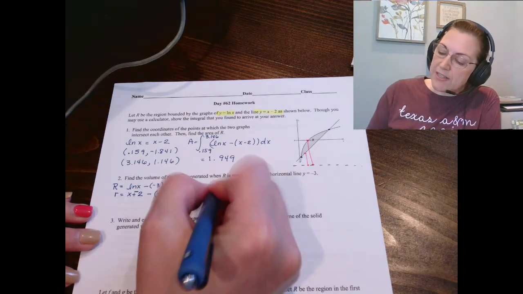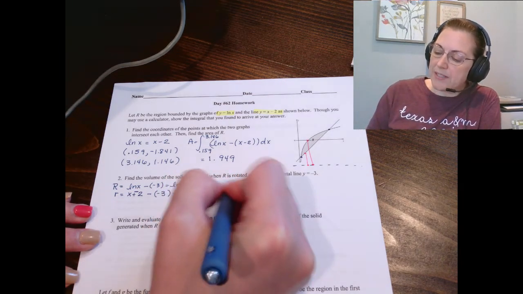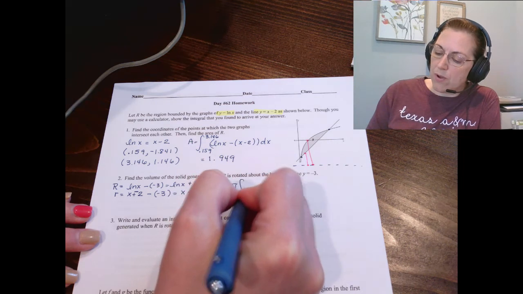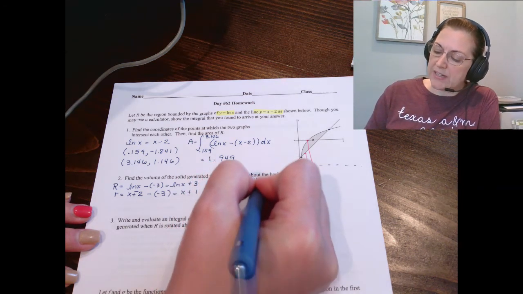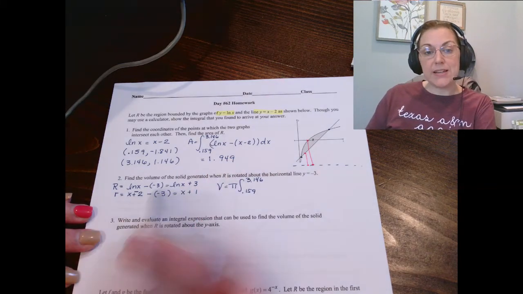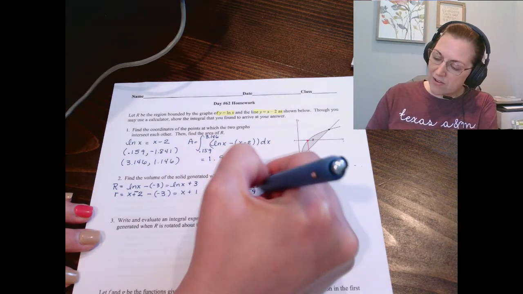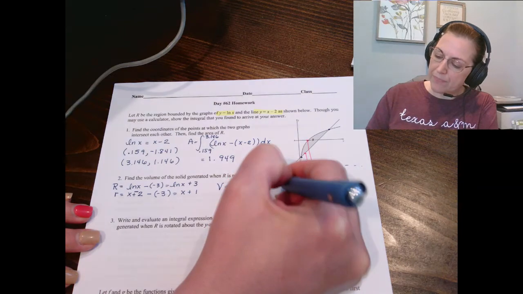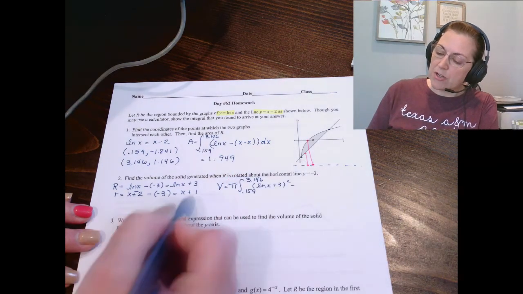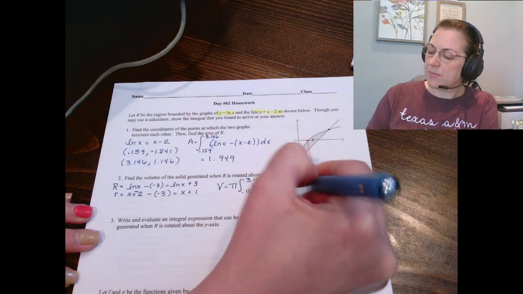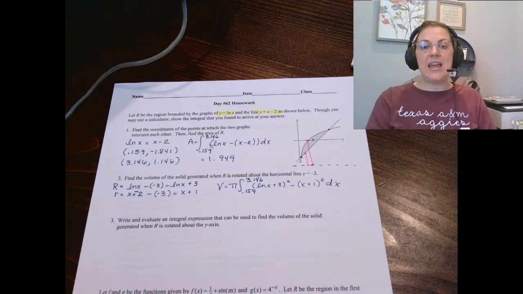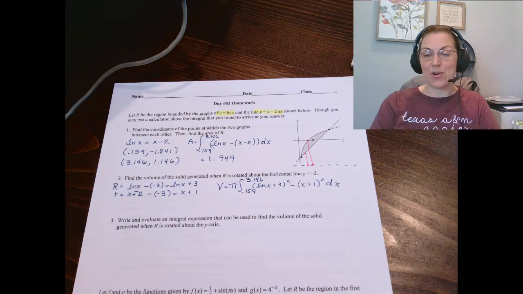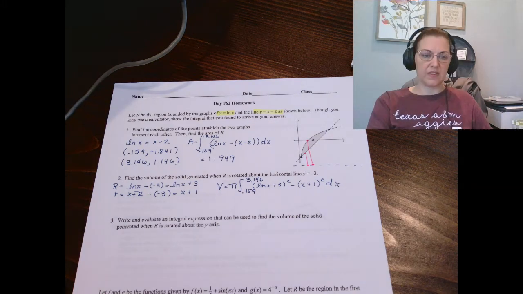So when we write this integral, we have our pi on the outside, we have our bounds 0.159 and 3.146. And then we have our big radius squared, our ln of x plus 3, minus our small radius squared, that's our x plus 1. And then again, we can put this in our graphing calculator to find the value.